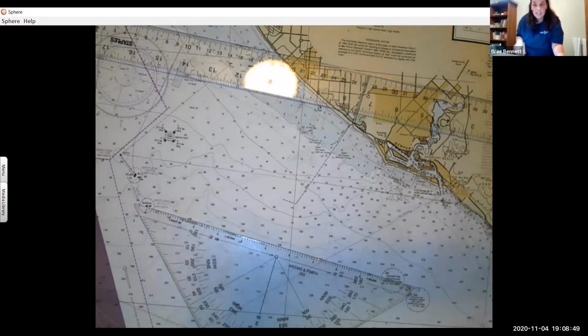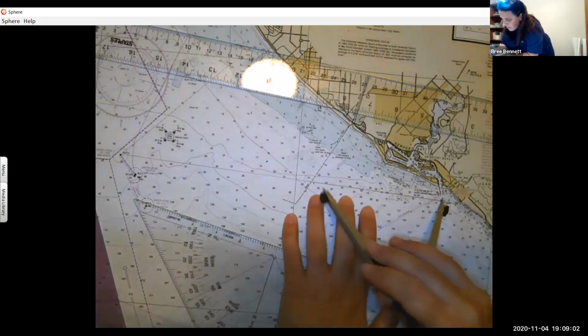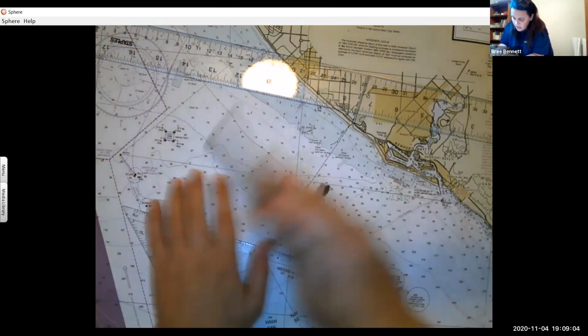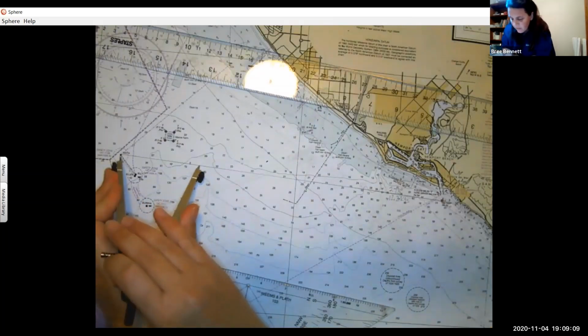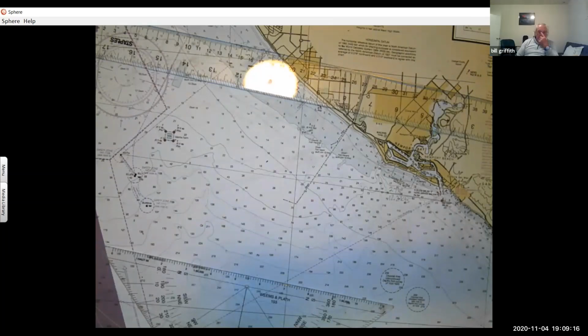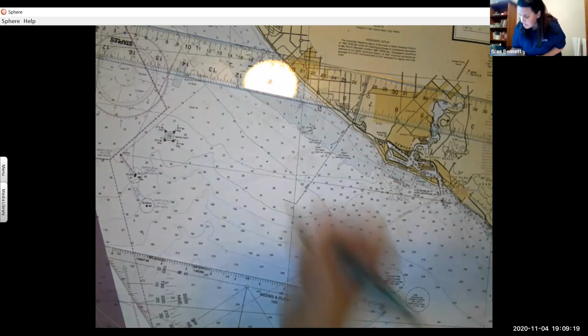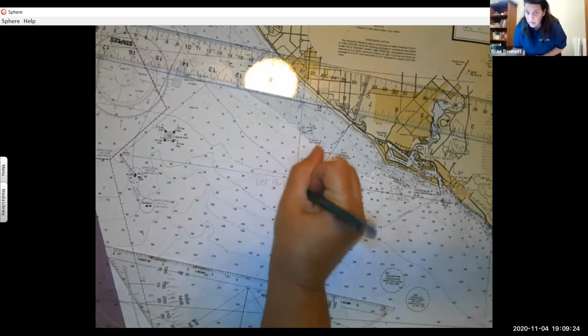I'm going to get my distance. I know it's over 5 miles, so I'm just going to start with 5 and then walk it out. 5, 10, 10 plus 3.1 gives me a distance of 13.1 nautical miles.